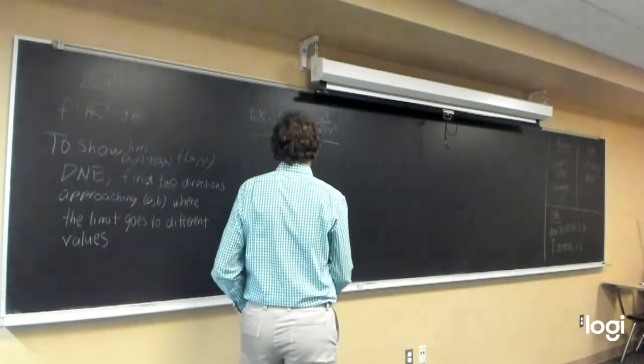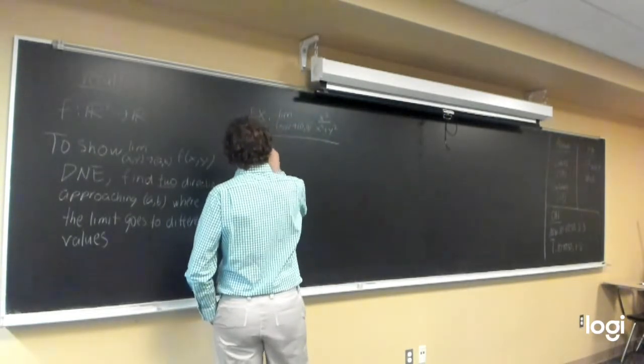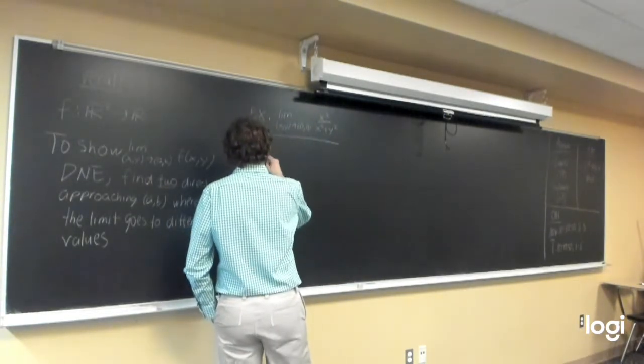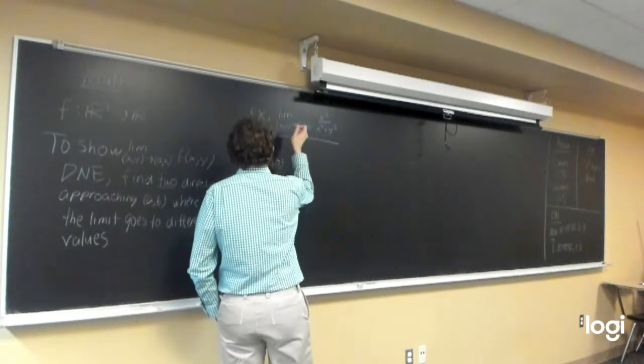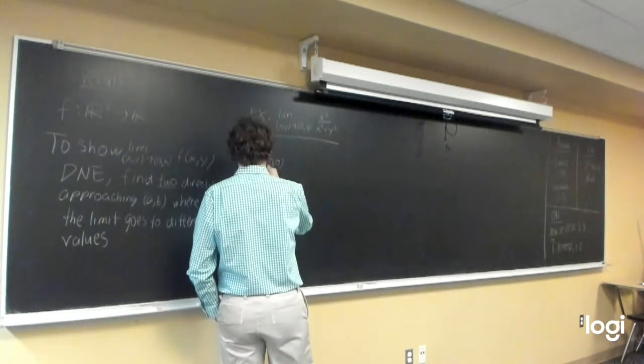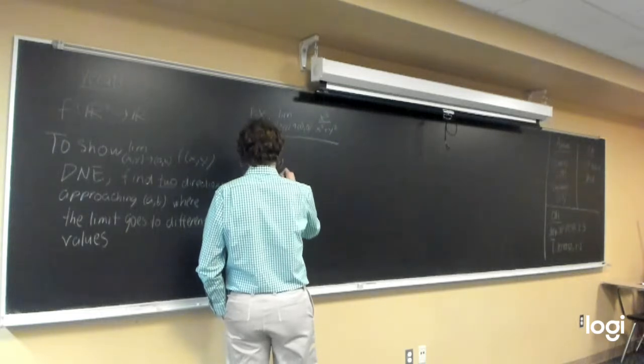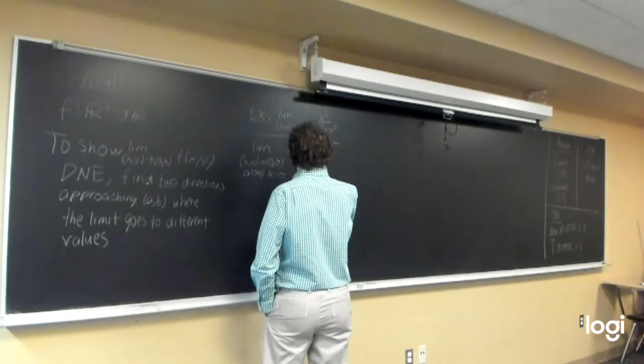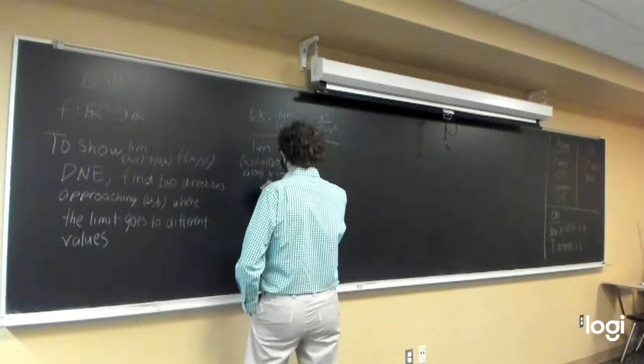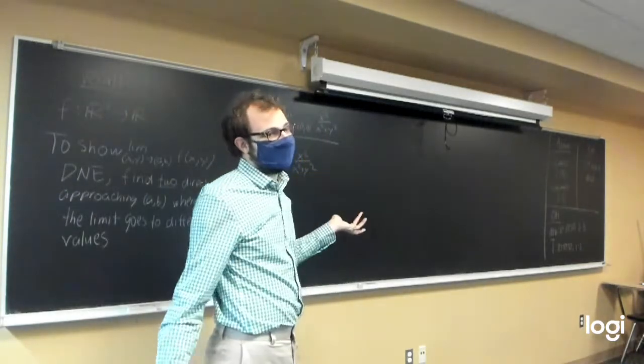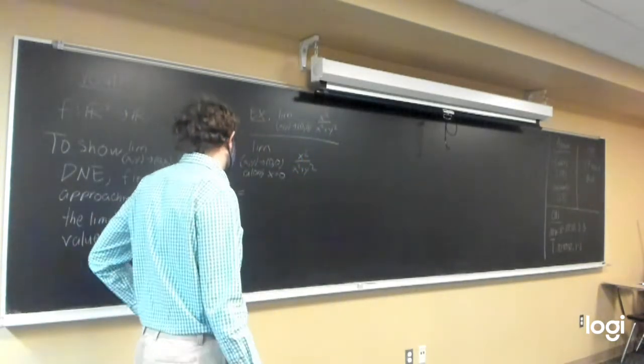Our approach to show that this limit does not exist was to take a limit along two different paths going to the origin. So for instance, if we were to go along x equals 0, this is just something we did last time, so you don't necessarily need to write this down again.